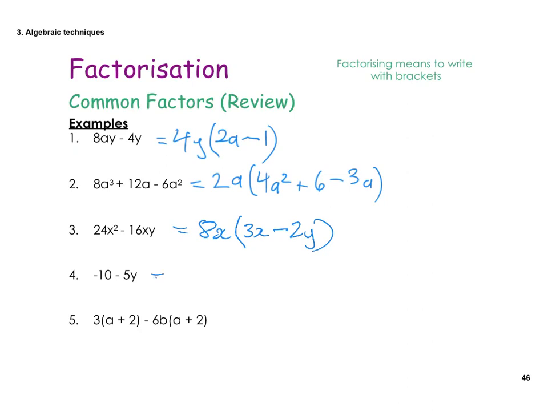Question 4. Now, negatives make these more fun. Approach it the same way though. So we've got 10 and 5. Common factor there would be 5. But there's also a minus in common, so take out a minus. Open a bracket. Minus 5 times what gives you minus 10? That'll be 2. Now be really careful here.